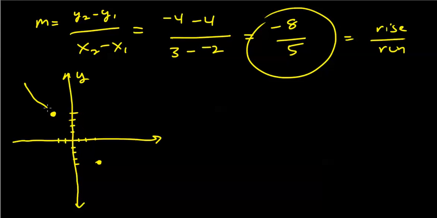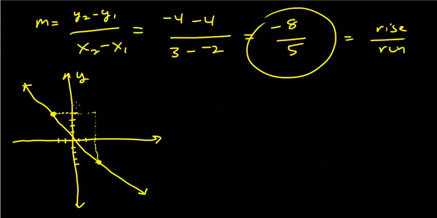If I connect those points, indicating a line through those 2 points, I can then see the horizontal distance between those 2 points is a positive 5, and the vertical distance, if I count the squares, is going to be negative 8.